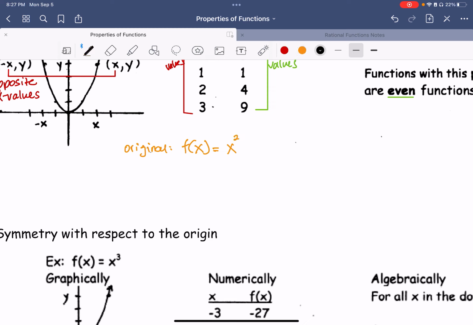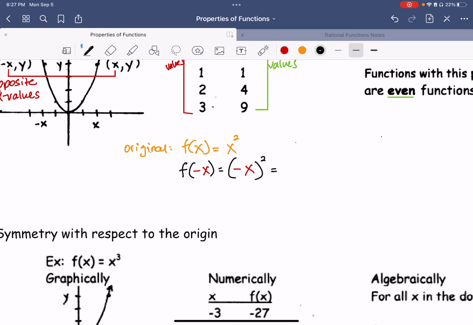Okay, what you're going to do is plug in a negative x for every x that you see. So instead of positive x, negative x. And always put your negative x in its own set of parentheses. Don't just leave it with a negative anywhere. It has to be enclosed in parentheses. Okay? And then all you're going to do is simplify.